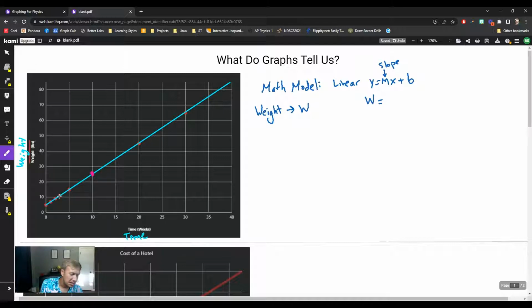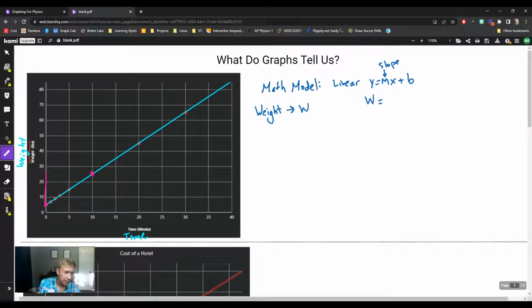Actually, I'm going to do the first point, because that one I can tell a little easier. You can pick any 2 points on your graph. It really doesn't matter. I'm just picking the ones I think I can read the easiest. Because again, it's a line, so the slope anywhere on this line should be the same.